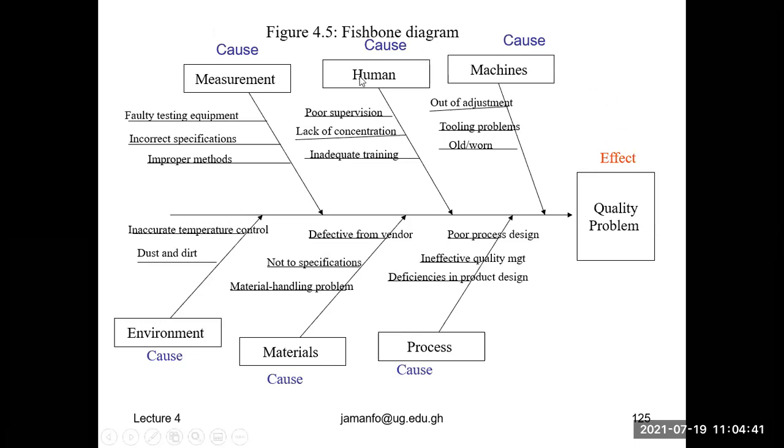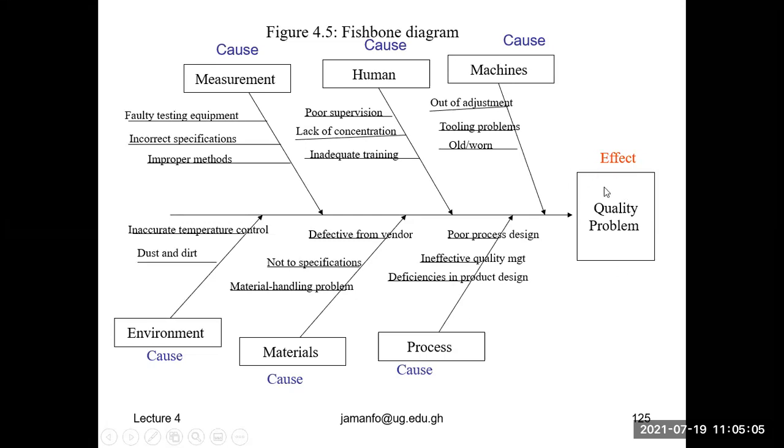And this whole concept of the fishbone diagram comes from the Japanese adage that a fish will usually start rotting from the head. So you see, this thing looks like a fish with a skeleton.